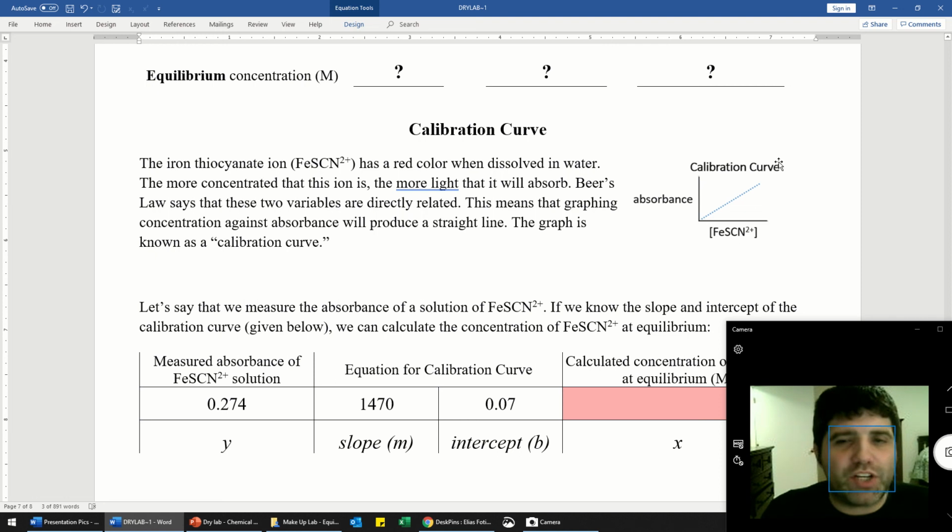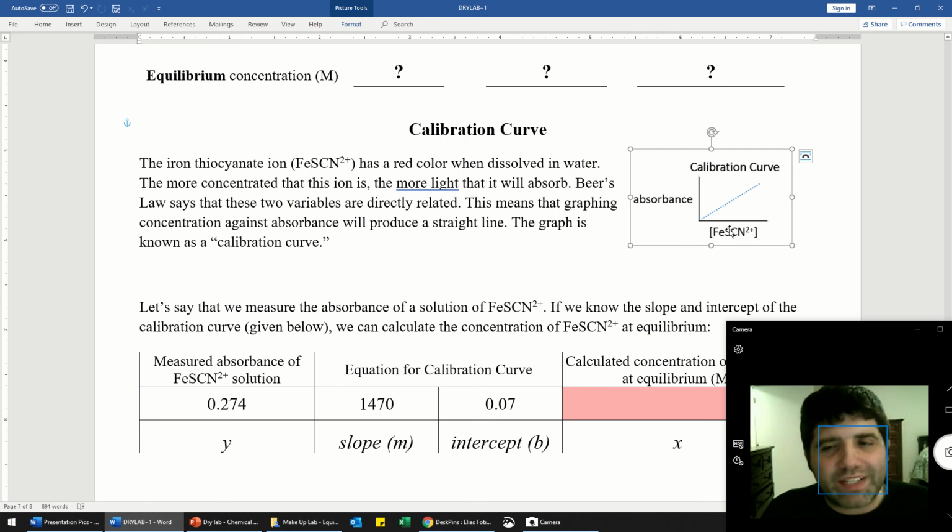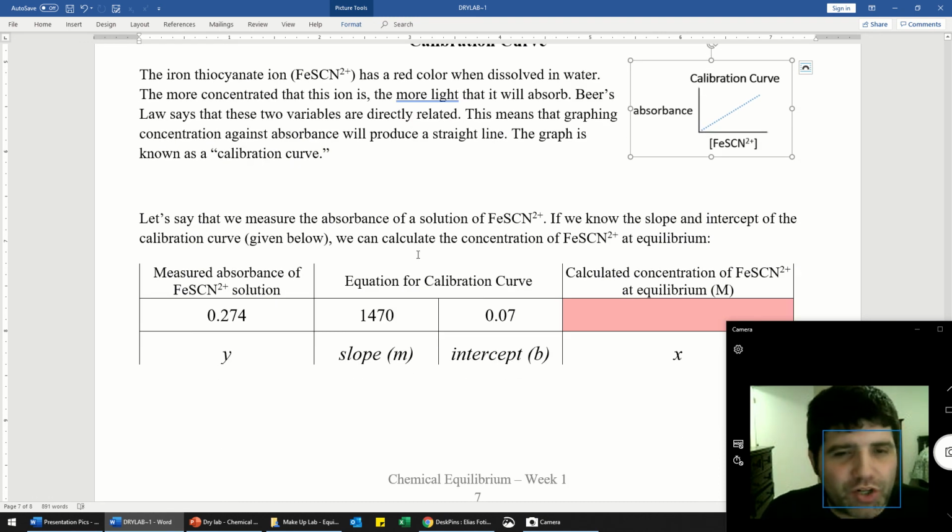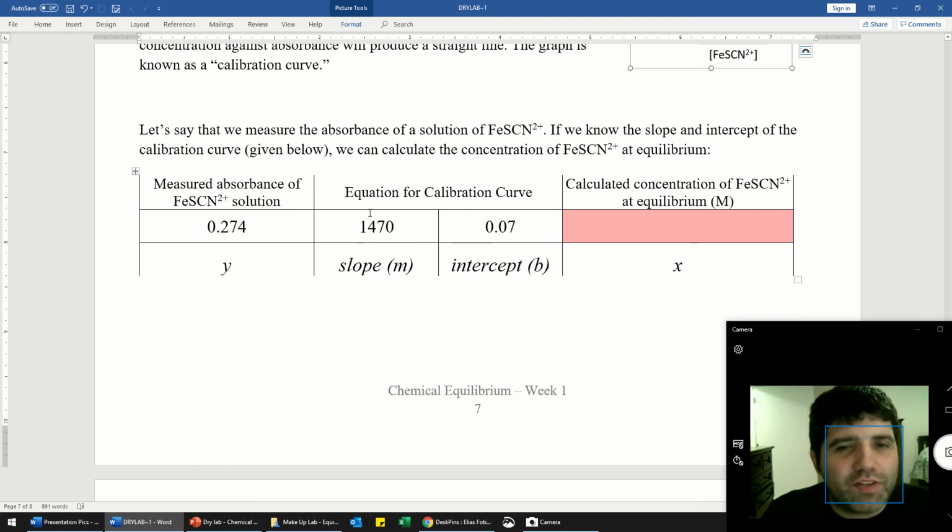That's called a calibration curve. And this is according to Beer's law, which says that absorbance and concentration are directly proportional to each other. And the purpose of that is, if we know the absorbance, we can go backwards and calculate what the concentration is.